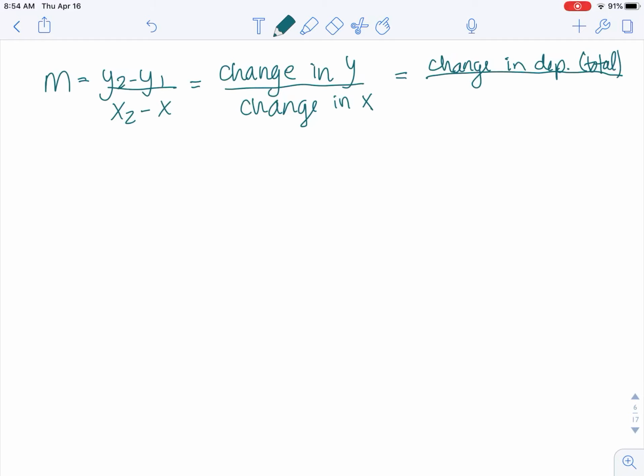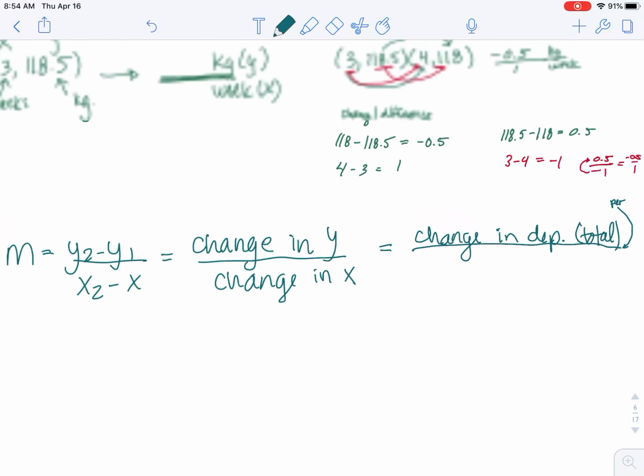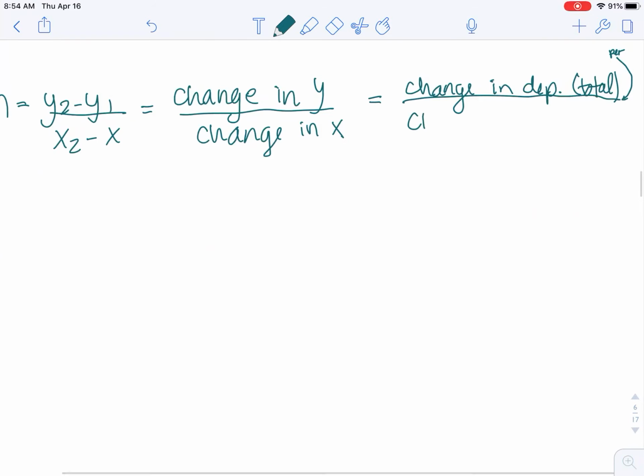Remember I told you that this line can be called per your change in your independent variable, your number of. So your total per number of.